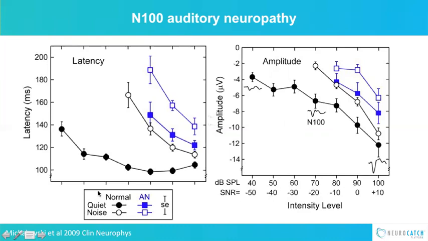On the left side, let's look at the latency of the N100 component, the peak timing. In our healthy individuals in a quiet room, you can see that as you increase the tone, the latency speeds up. So when you go to where you can definitely hear the tone, it optimizes around 100 milliseconds. A fast N100 is around 100 milliseconds.